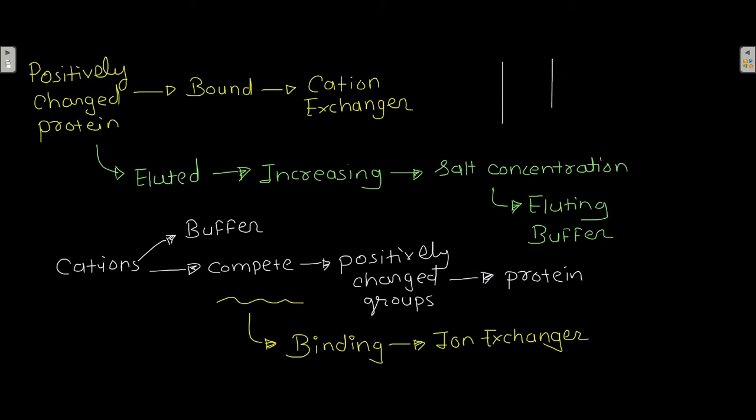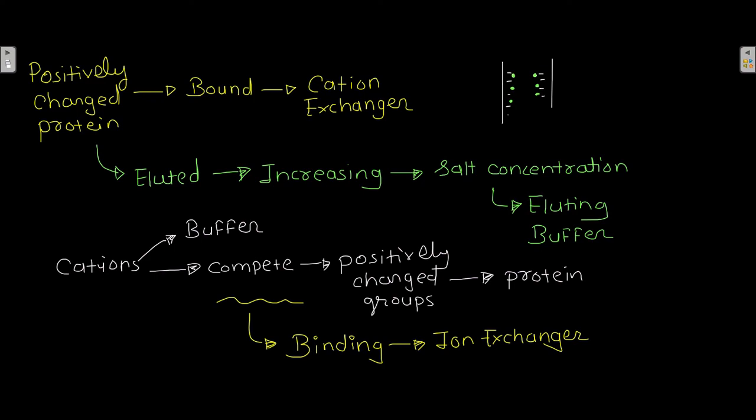So this is your stationary phase. This is your column. This is your matrix. Now that matrix has a negative charge, and that is the reason why the positively charged proteins were able to bind to it.